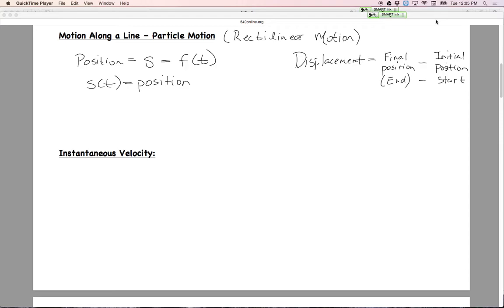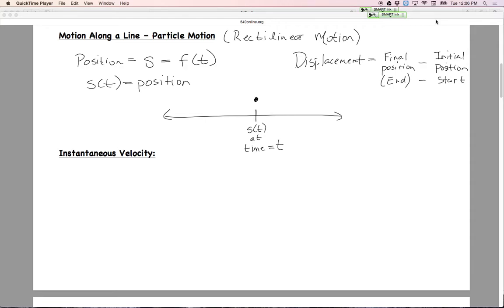Now, mathematically, I'm going to give you a formula for this in just a second. Since we said position is s, think about it on a number line for just a second. If I have a number line, and I'm not going to label it, here's the particle. The particle could represent anything. Here is s of t at time equal to t.